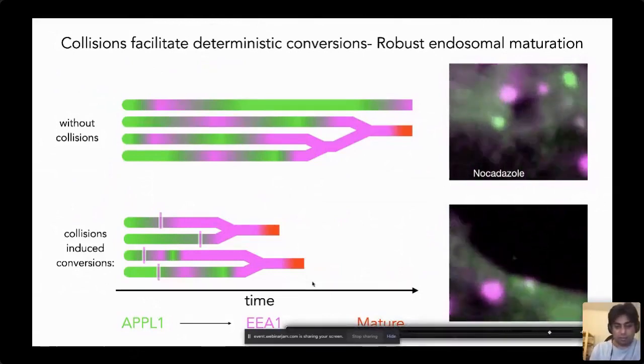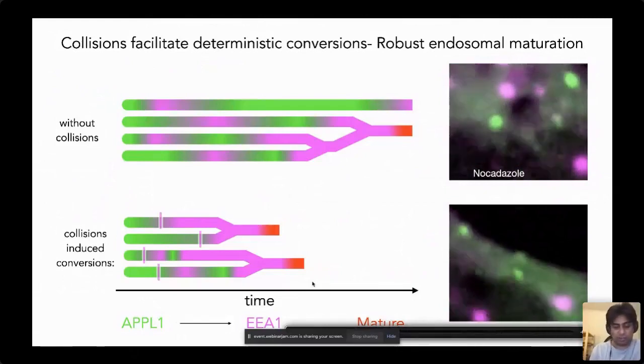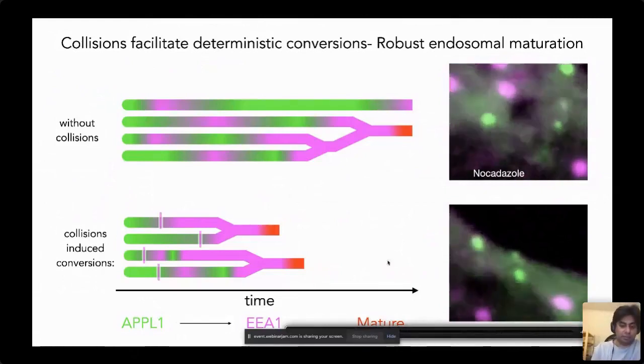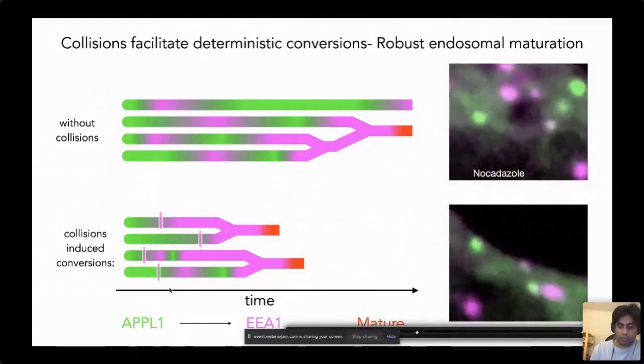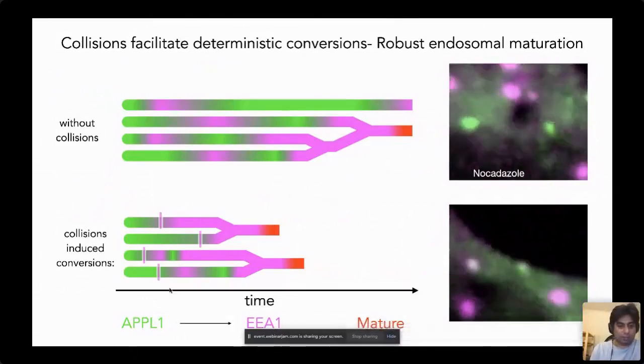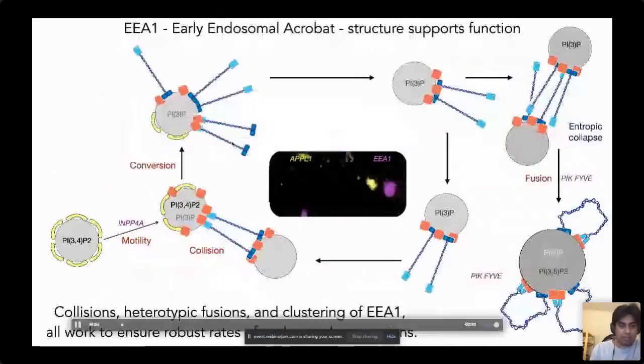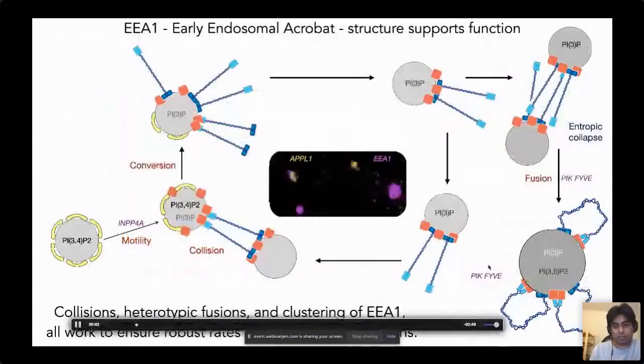Or in other words, the first passage time of these endosomal conversions is maintained very robustly through collisions and clustering of EEA1. And so in detail, what we've shown using fluorescence lifetime is the mapping of this orientational precedence of EEA1. So here's a mature endosome that has PI3P on it, a C-terminally bound endosome, that in the FRET experiment would appear green.